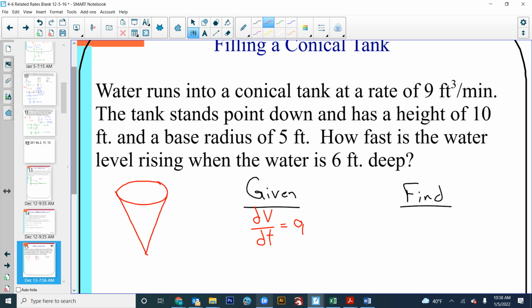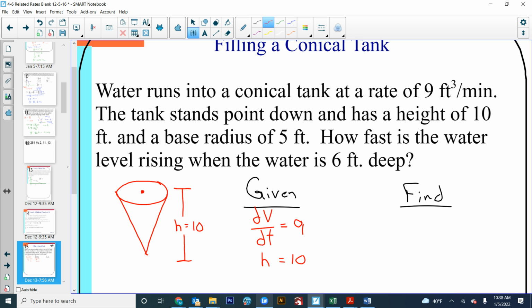The tank stands point down and has a height of 10 feet. Is that a changing height or is that a constant height? Constant. That's the height of the tank. So here is the H that we're talking about. It's the height of the tank, and it's 10 feet. We're going to make a couple adjustments here as we keep reading.